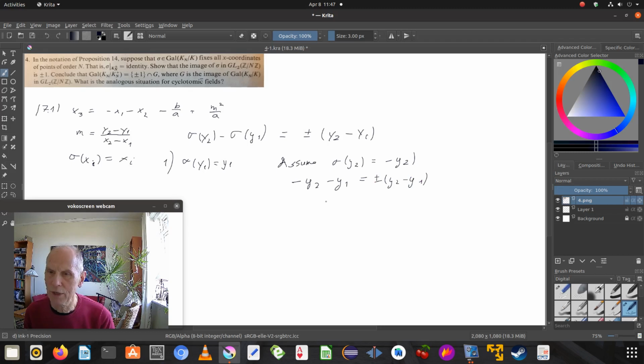So using the plus, then we get minus y2 equals naught.